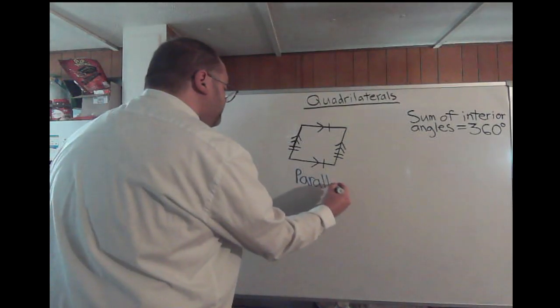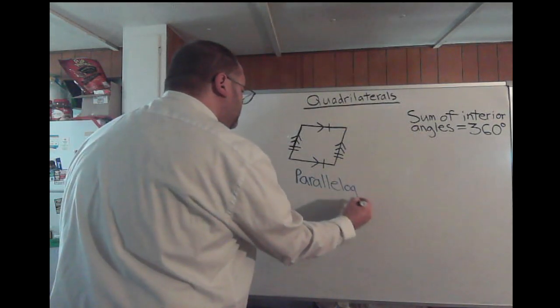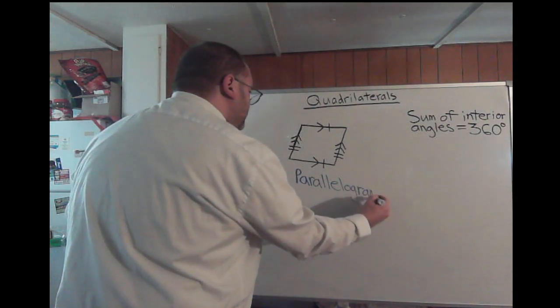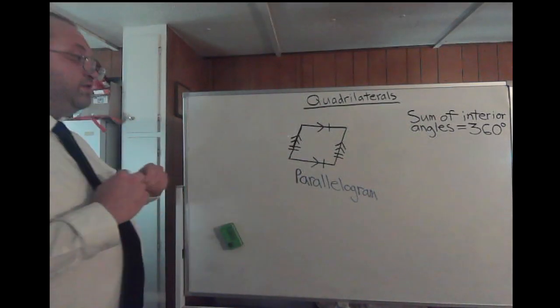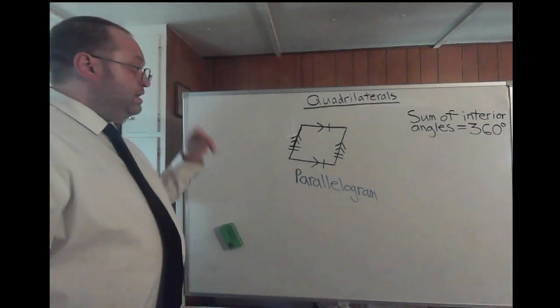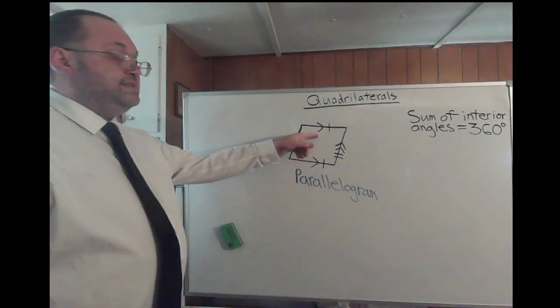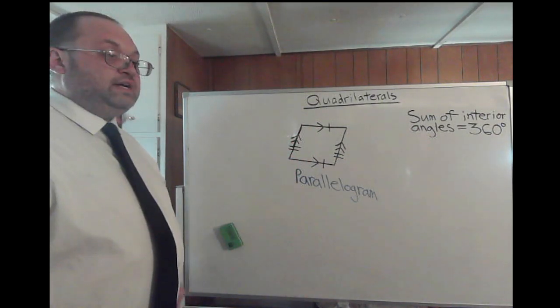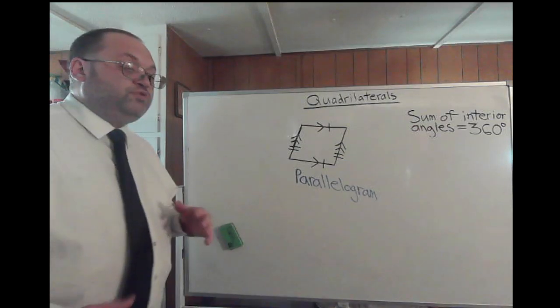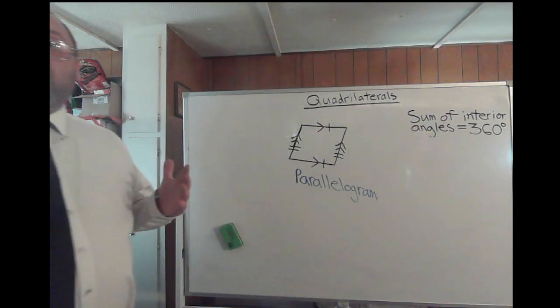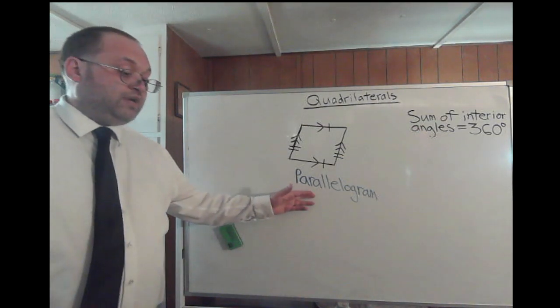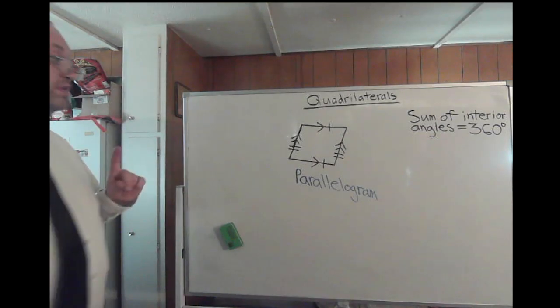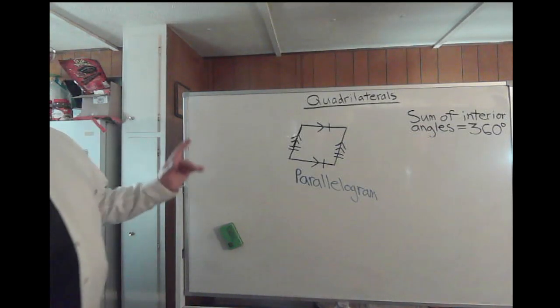Now, let's see here. Could it be a rectangle? No, because they don't indicate that the angles are right angles, so it can't be a rectangle. This just proves that all rectangles are parallelograms, but not all parallelograms are rectangles. There's a big difference.